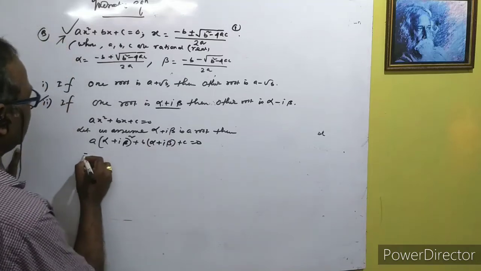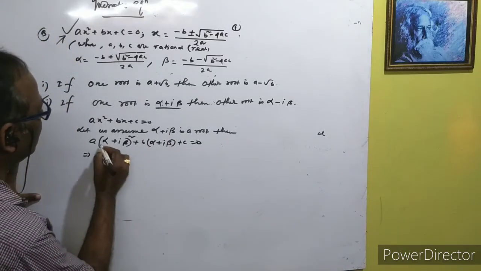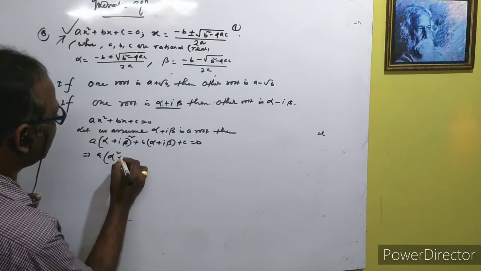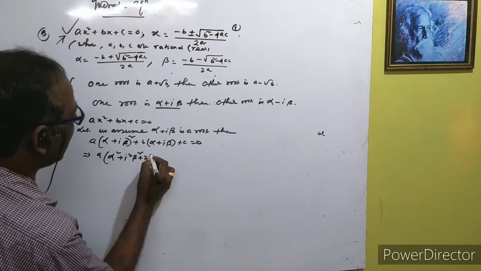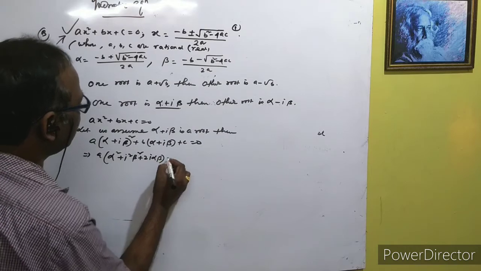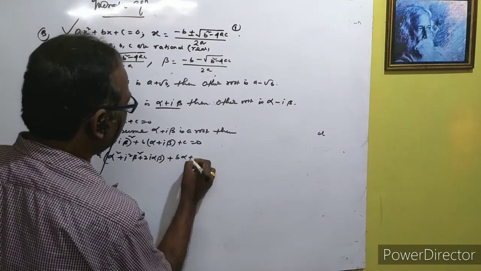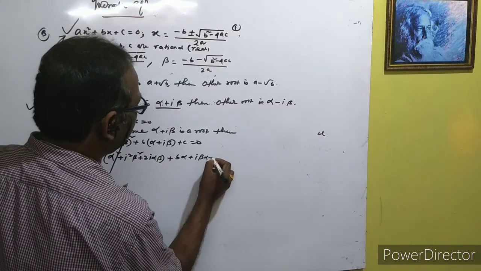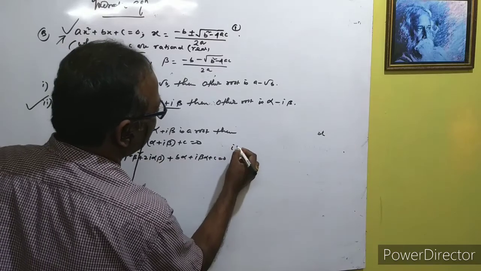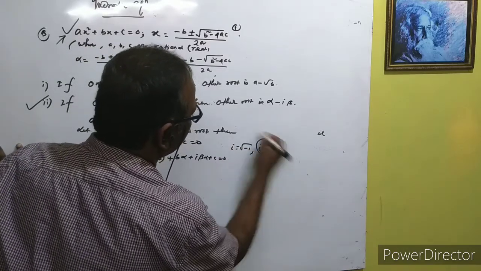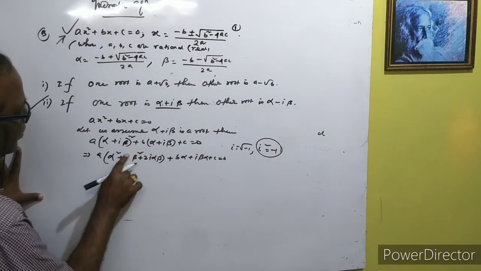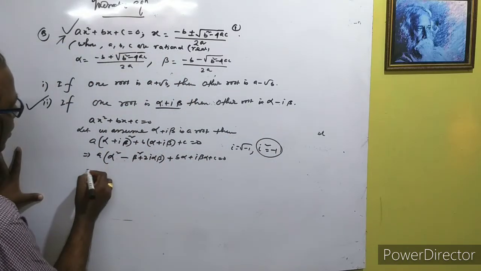Squaring this, we get alpha square plus i square beta square plus 2i alpha beta, and then b times alpha plus i beta, plus c, equal to 0. Since i equals root over minus 1, i square means minus 1.